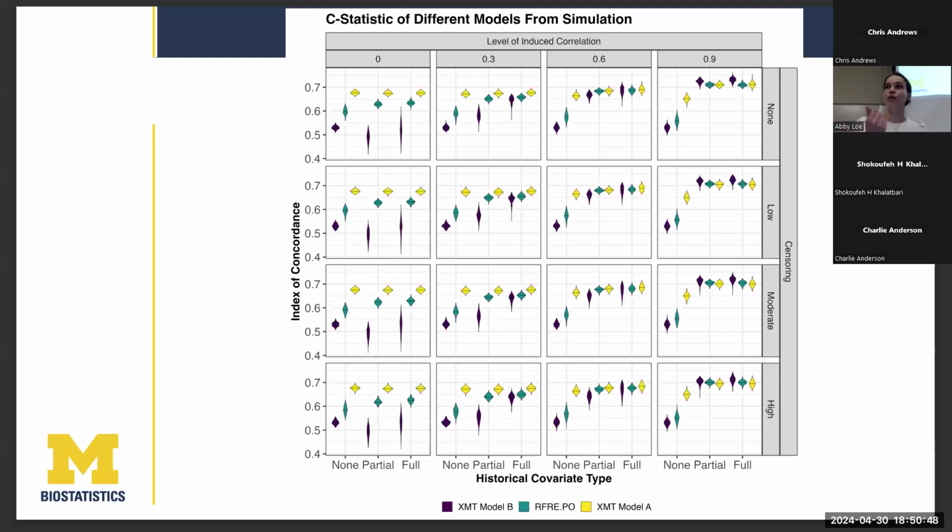Because if your previous history is going to be highly correlated with your future events, then that should be really helpful for prediction. And as soon as we include a history variable in this highly correlated case, with no censoring for now, we see a massive jump in model performance.